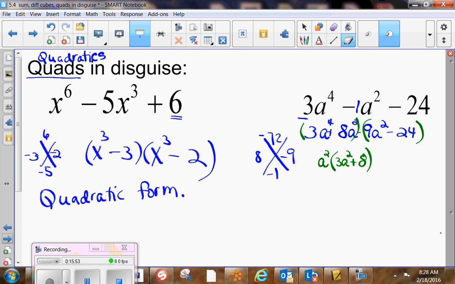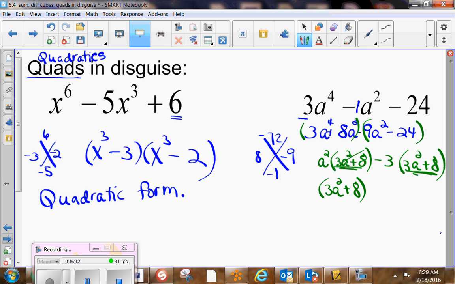It's got to be just -3. Oh, that worked nicely, because these two are common factors. So we pull out the 3a squared plus 8. And what's left is a squared minus.